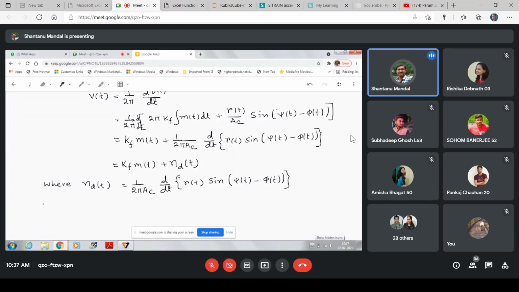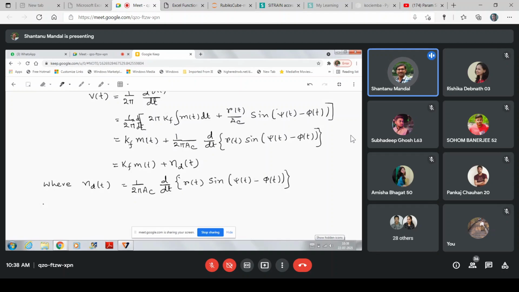This is the case when the CNR, that is the carrier to noise ratio, is high. When CNR is high, the discriminator output V(t) consists of a scaled version of the original message signal, that is kf into m(t), plus the additive noise part, that is n d(t).